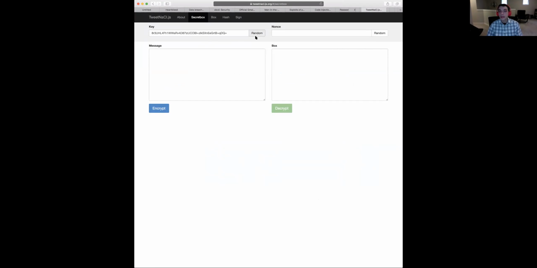if you generate a key and then you have your secret message here, and then you also have to generate your nonce, and I'll describe what that means in a moment, and then you click encrypt, you get some ciphertext.